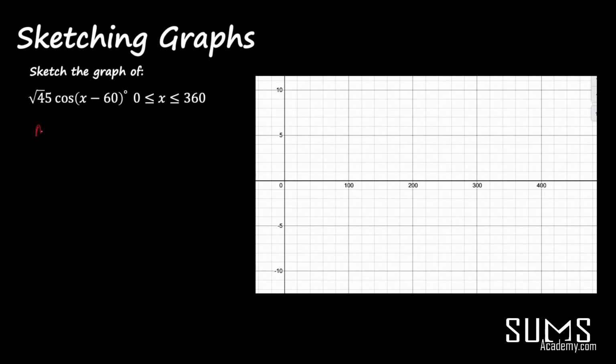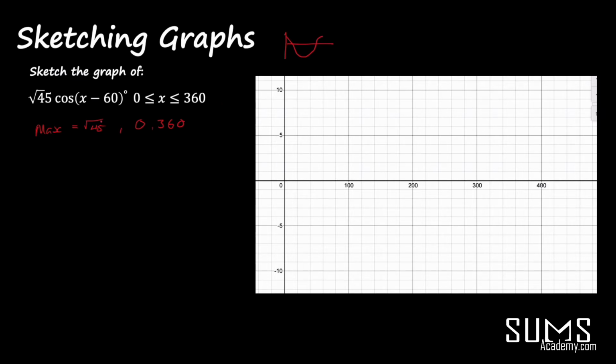So for the max, we know that's going to be root 45, and usually it would occur at 0 and 360 for a cos graph. Just do a little cos graph there for our reference.